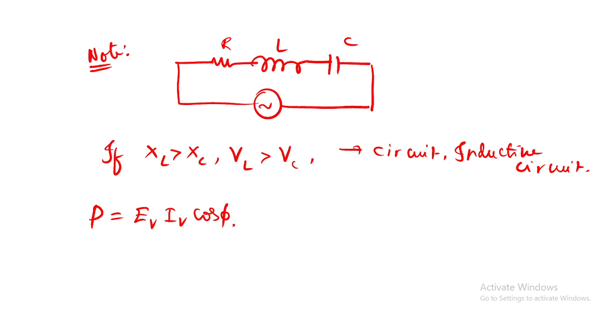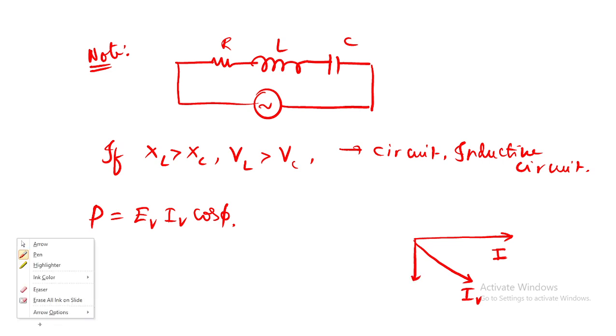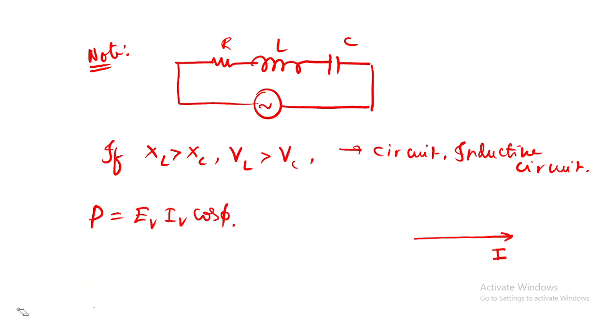But now you see inside this how the current will vary. For example, if I try to draw a phasor diagram, this is E virtual, this is I virtual. Now I is actually rotating, that vector is rotating. Or else, we have already seen some phasor diagram.